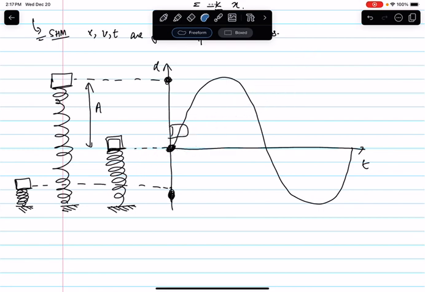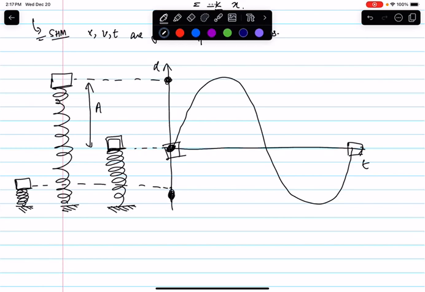In this case, it goes up, it reaches its max height or the max amplitude, it goes down. Then it goes to the minima, then it goes back to 0. And so as you can see, because the initial displacement and the final displacement are the same, this is one period, okay?